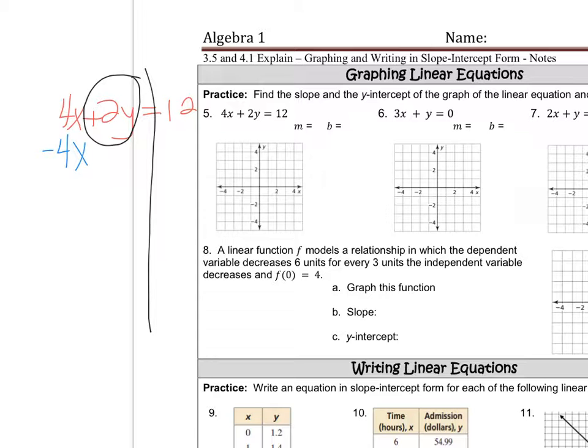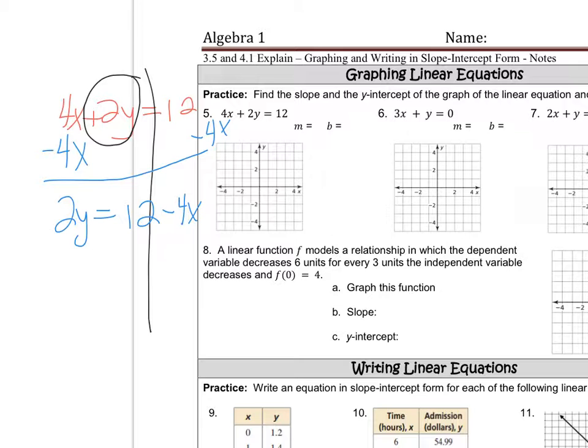Now when I look on the right side of my equation, my 12 is not a like term to a 4x, so I'm going to put the minus 4x kind of over to the side. And that leaves me with 2y equals 12 minus 4x.